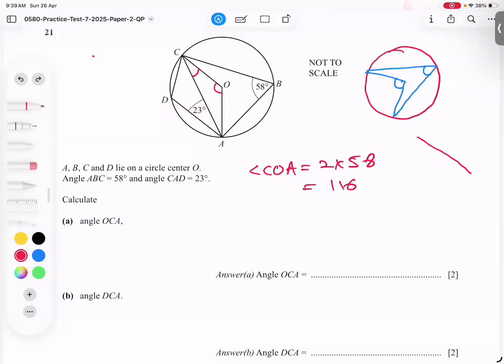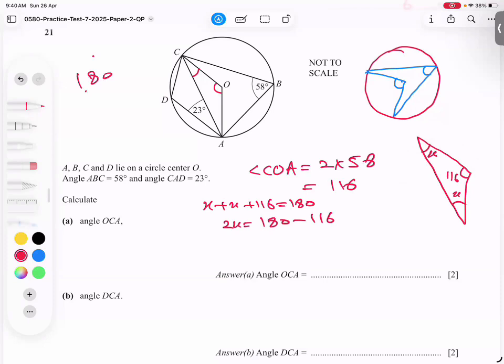You can see clearly this is X, this is X, and this angle is 116. Sum of all angles is 180 degrees. I'm writing now X plus X plus 116 equal to 180. So 2x equals 180 minus 116. So we subtract, we got a 4, and out of 7, we got a 6. So 64.